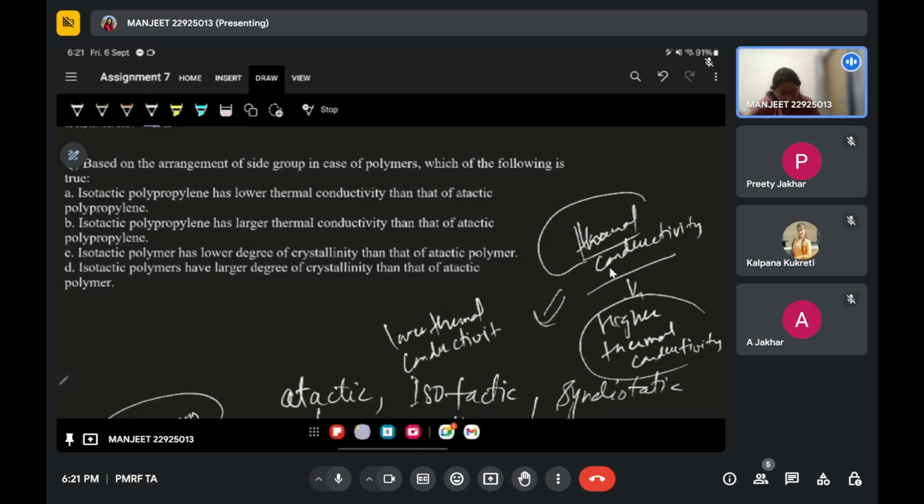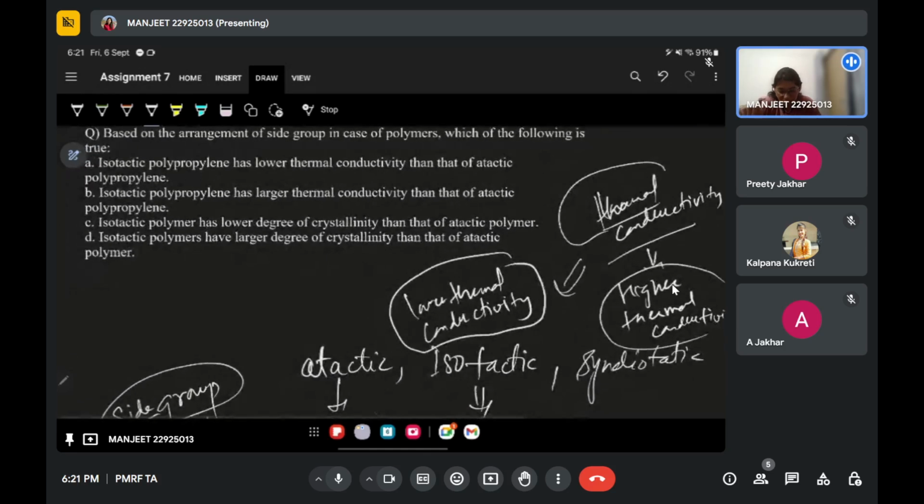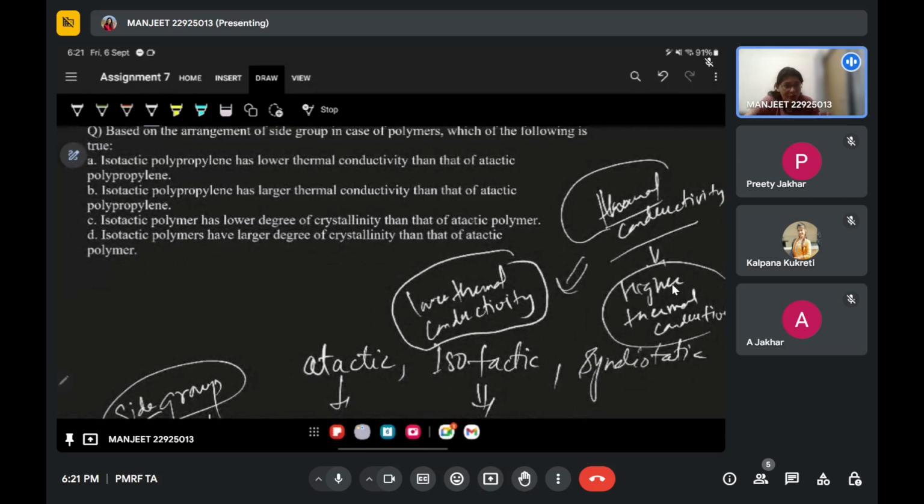Okay, so this is the way thermal conductivity is defined in isotactic and atactic. If I consider the isotactic and atactic, you can see in atactic it is a random arrangement. So the atactic ones will have the lower thermal conductivity as compared to the isotactic and the syndiotactic one.